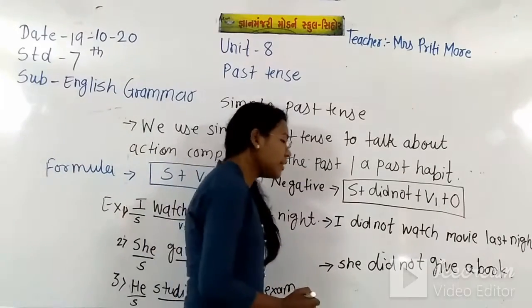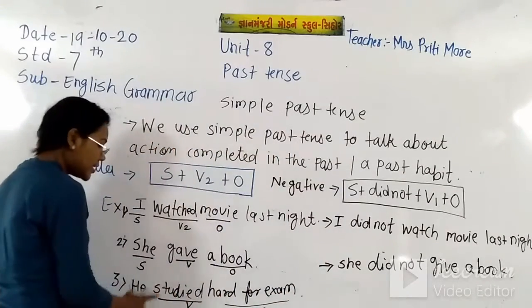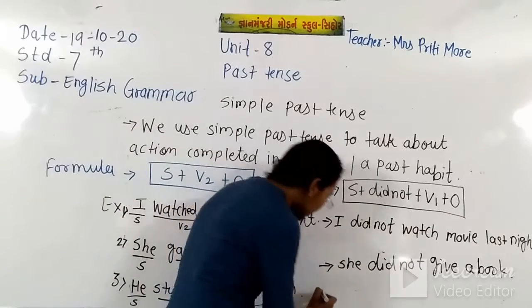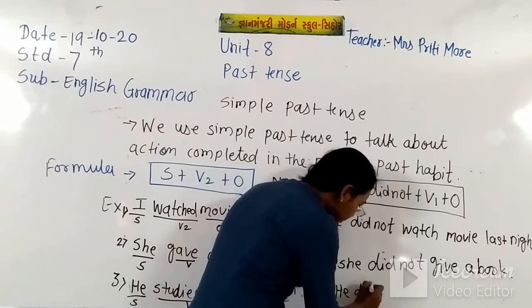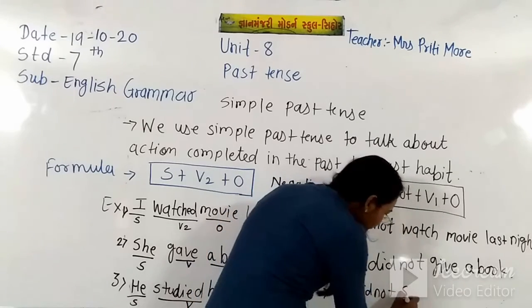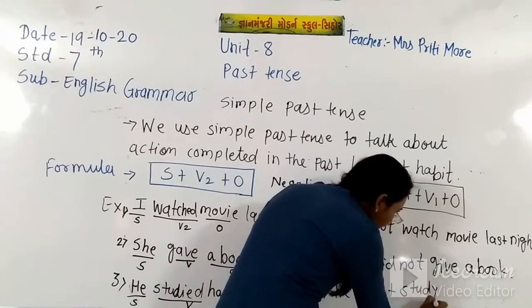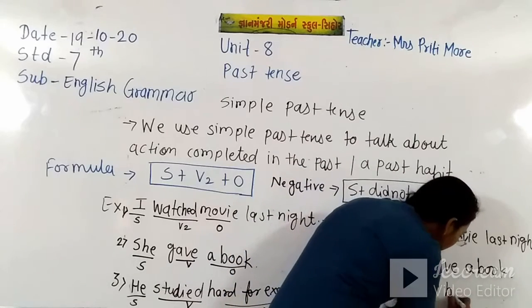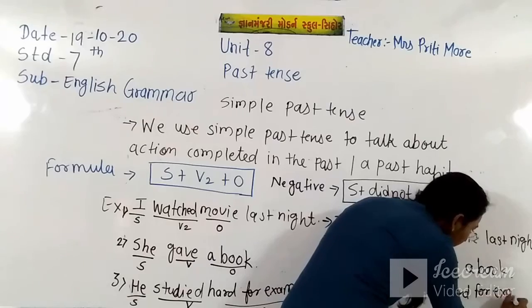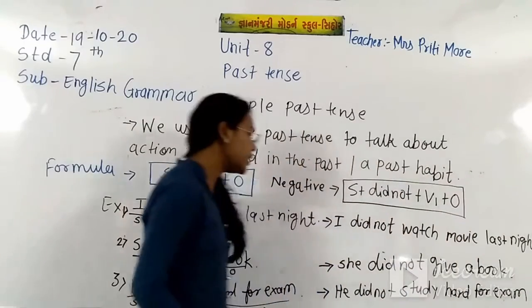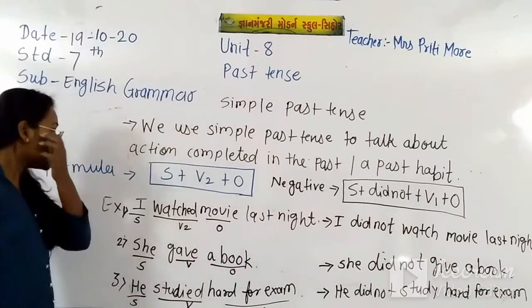So if I have to make this sentence negative, so what I add here, I take he did not. Studied becomes study. He did not study hard for exam. He did not study hard for exam.